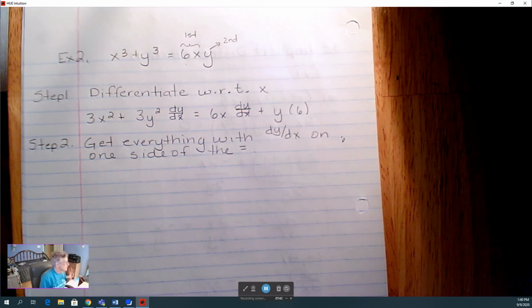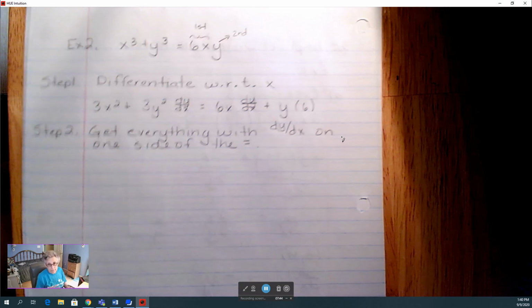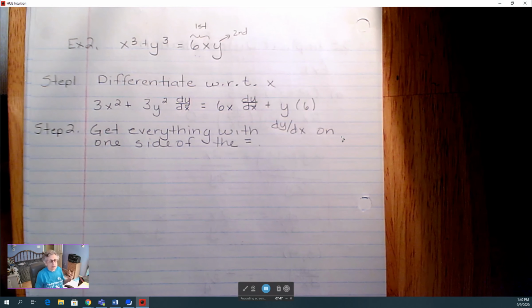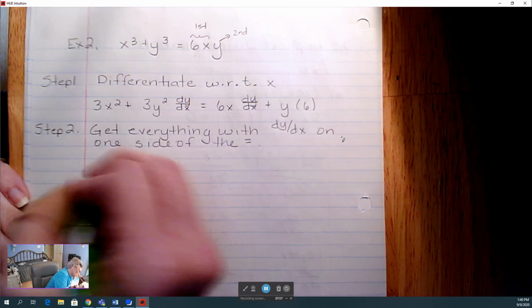It doesn't matter which side you put it on. If there's a minus sign, then sometimes I will arrange things so that I end up with more positive signs, just because I'm a positive person.